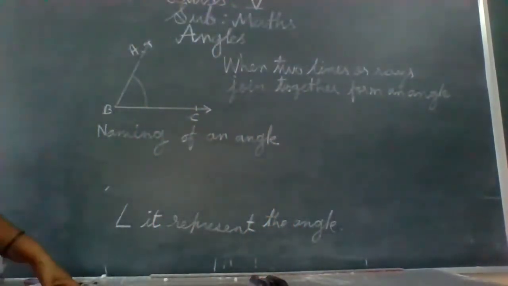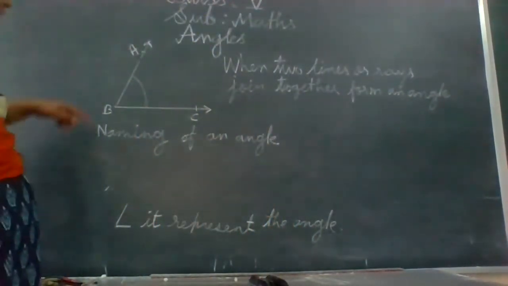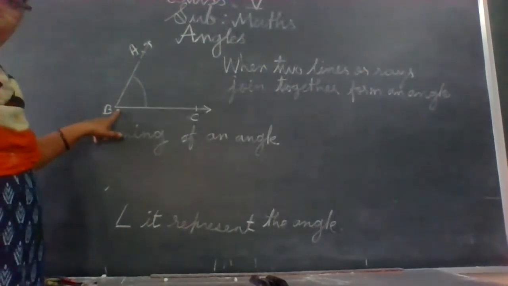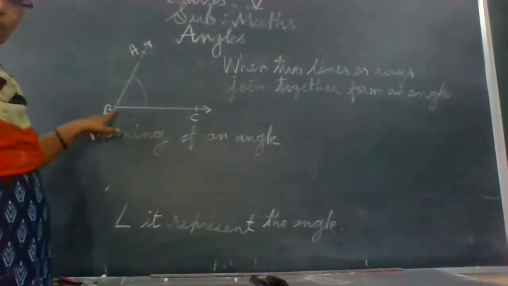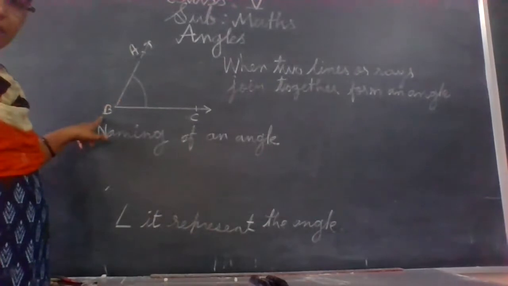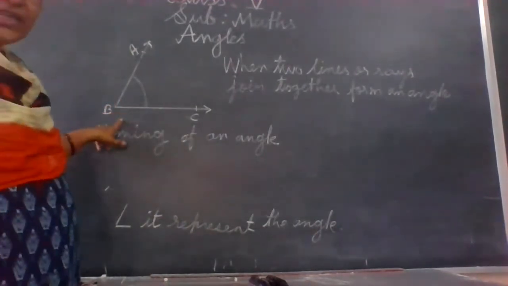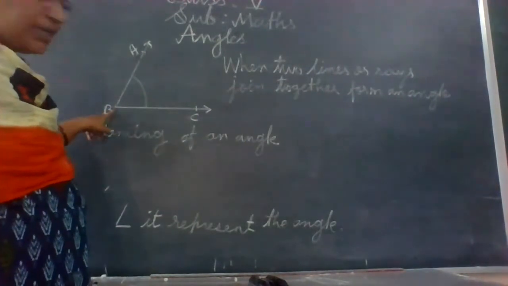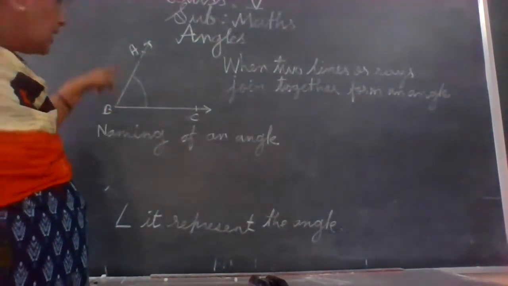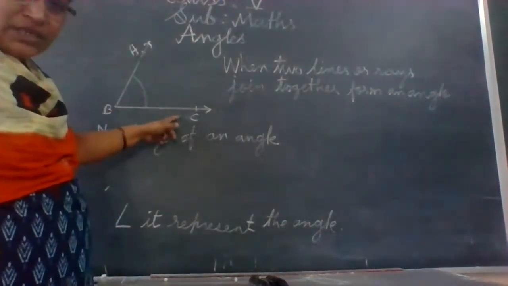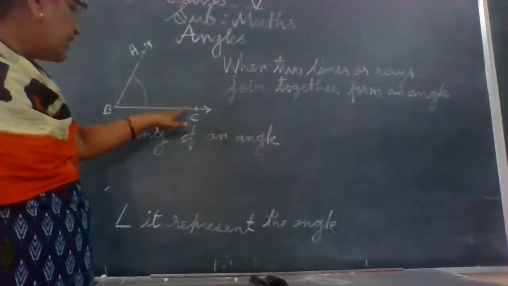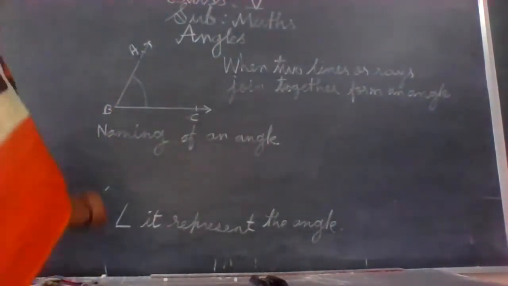So let's see the naming of an angle. How will you name this? See, beta, it is the common point B. So the angle is formed on this vertex B. While writing the name of the angle, B should be in the middle: angle ABC or you can say angle CBA.